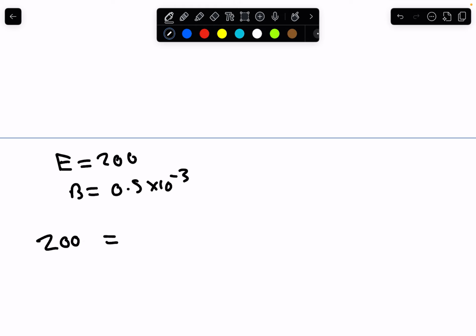Basically, once the charges cancel out, it doesn't matter. So 200 equals v times 0.5 times 10 to the negative 3. So you divide both sides: 200 divided by 0.5 times 10 to the negative 3 will equal the speed you want, which is 4 times 10 to the 5. And it is the right answer.